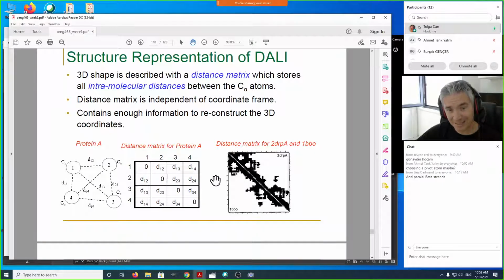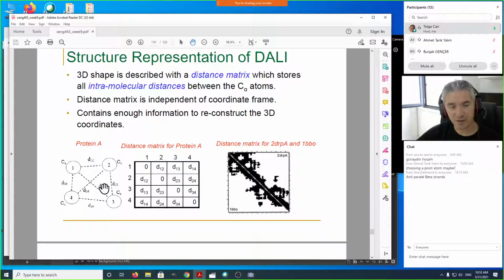For one protein, since it's symmetric in itself, the lower triangle is now shown. The lower triangle shows the distance matrix for another one. As you can see, this one is not symmetric because this is a different protein structure. So we are trying to find similarities from sub-matrices that are similar here to sub-matrices that are here.